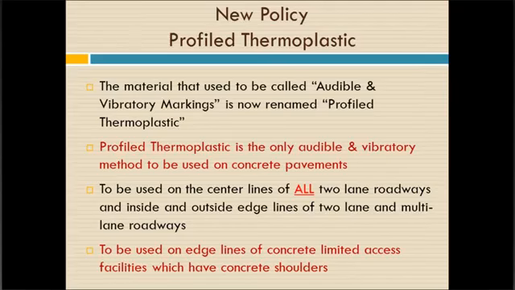So it got to be confusing: do we really want to leave this other material called audible vibratory and just add rumble striping? We decided that it was confusing, so we decided to rename audible vibratory markings to profile thermoplastic. If you go to section 701, it used to be audible vibratory. That section is now titled profile thermoplastic.